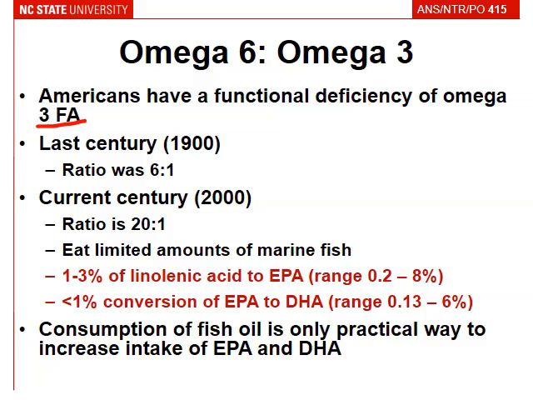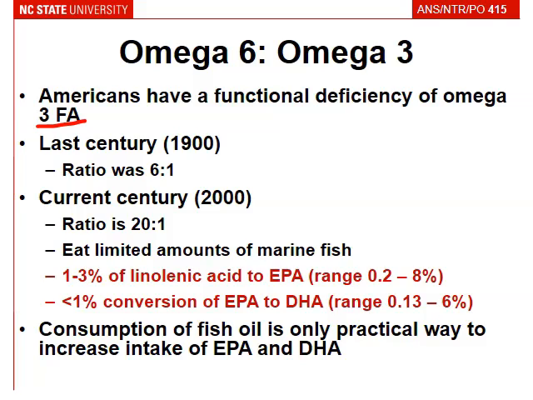Currently, as of the year 2000, our ratio is 20:1. So we now consume 20 grams of omega-6 to 1 gram of omega-3. This is because we eat limited amounts of fish, so we have a deficiency in omega-3s and reduced amounts of EPA and DHA.